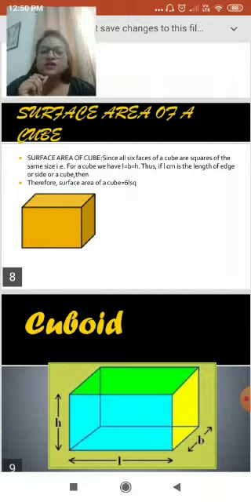Since all 6 faces of a cube are squares of the same size, for a cube we have L equal to B equal to H, so we can name it as a, or we can also name all the sides as L. Therefore, L centimeter is the length of edge or side of a cube. Therefore, the surface area of a cube can be called 6L squared or 6a squared.